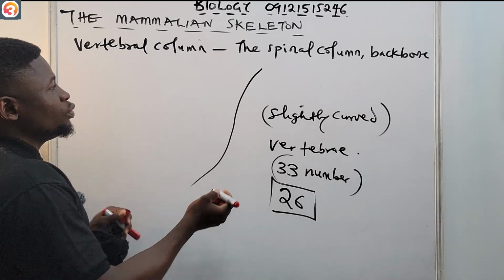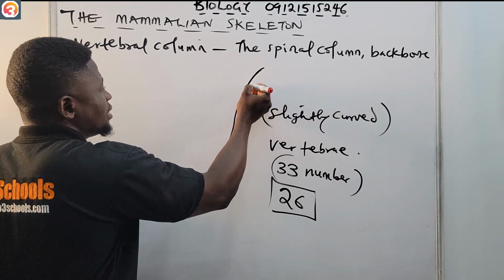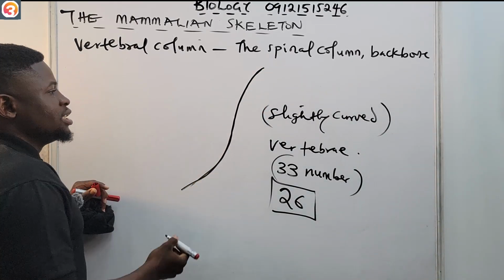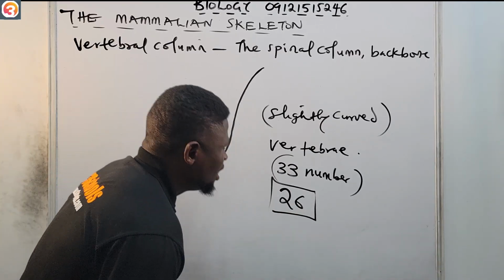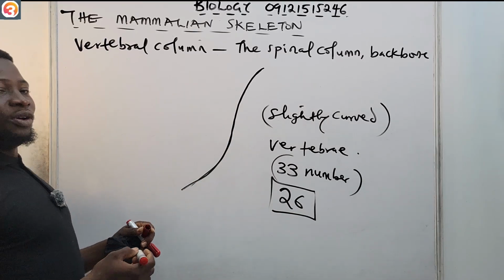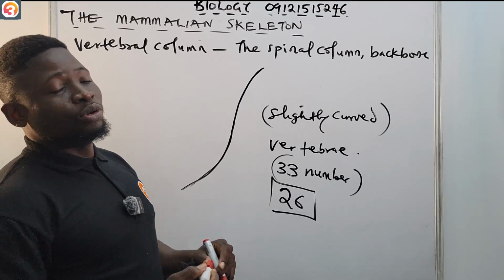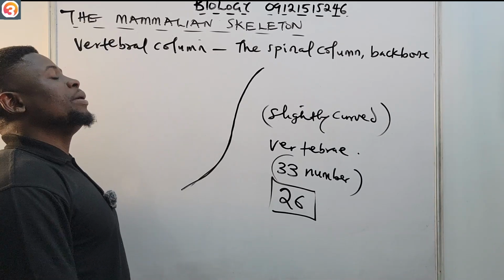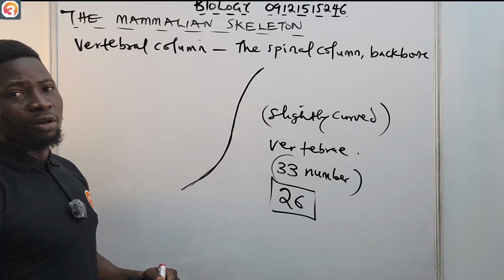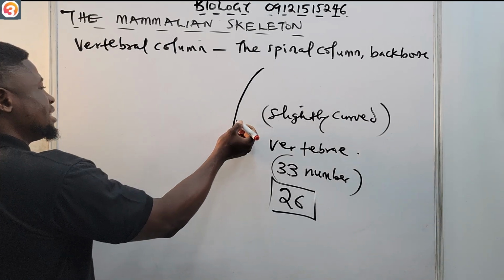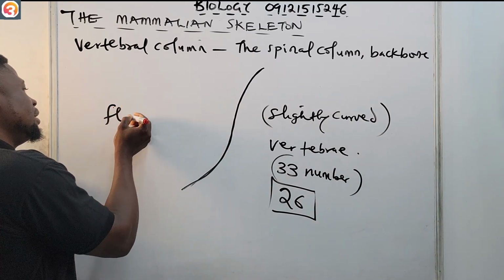The reason why the vertebral column is slightly curved is flexibility. If it was not curved, we would not be able to go up and down, to raise our body up and down, to move sideways and do other things. So the reason for this curved nature is flexibility.